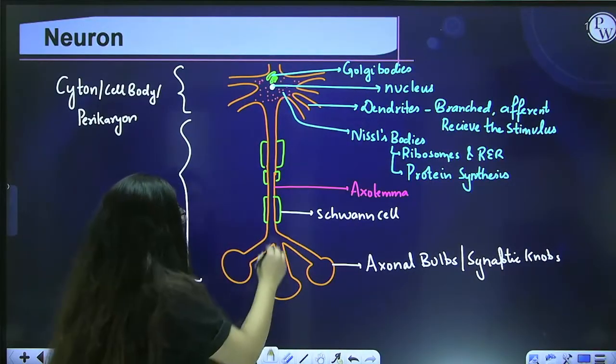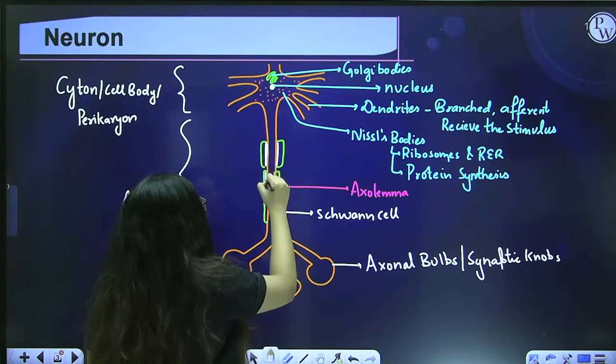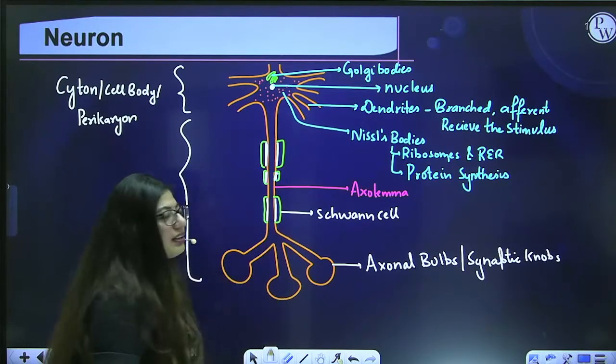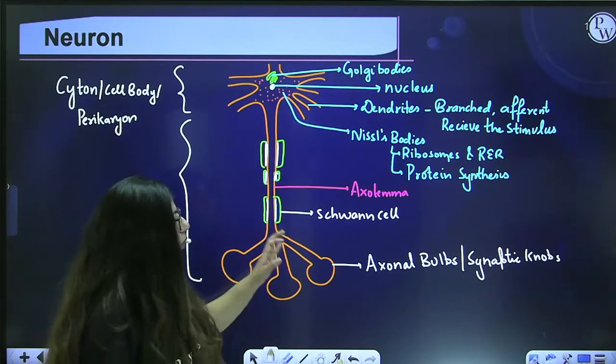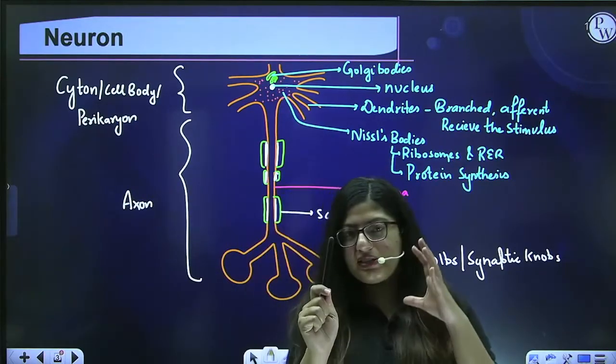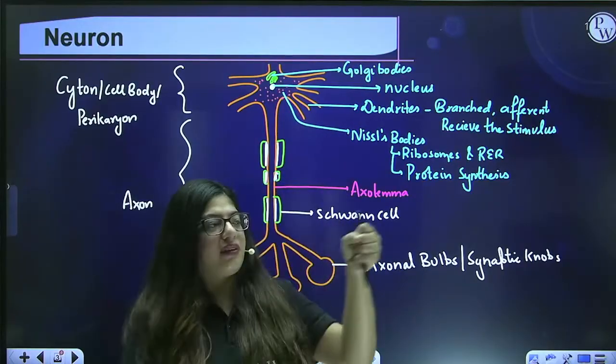This Schwann cell has a very important function: it secretes a phospholipid that acts as an insulator. So how are these Schwann cells wrapping your axon? For example, this is your axon and this is your Schwann cell. The Schwann cell will take up the axon like this and wrap it up.